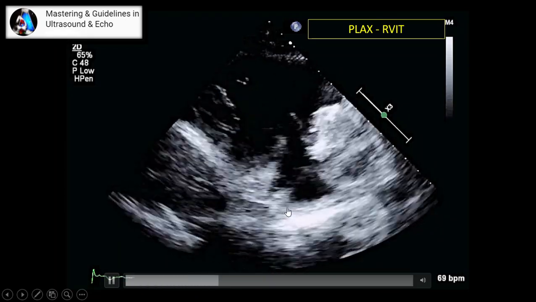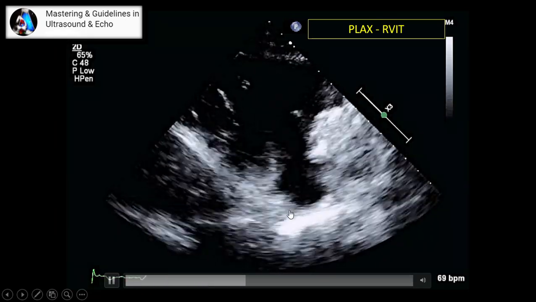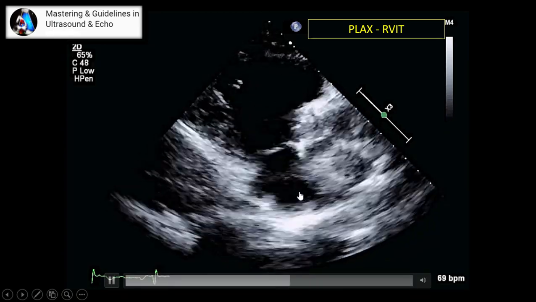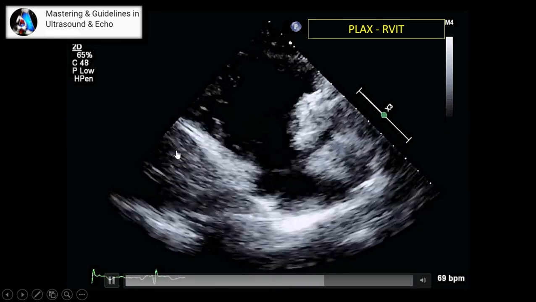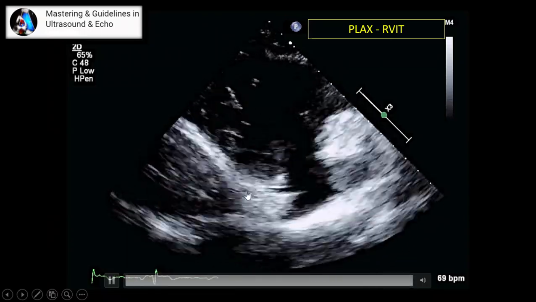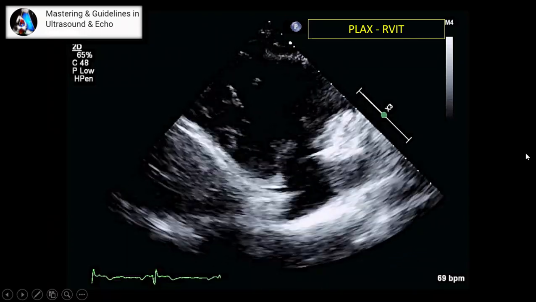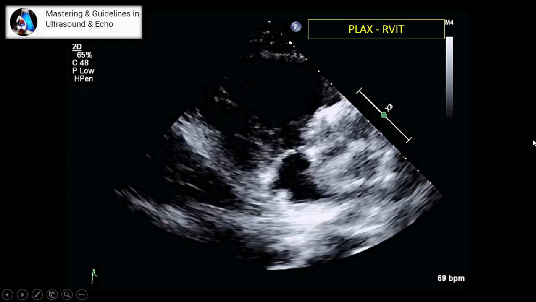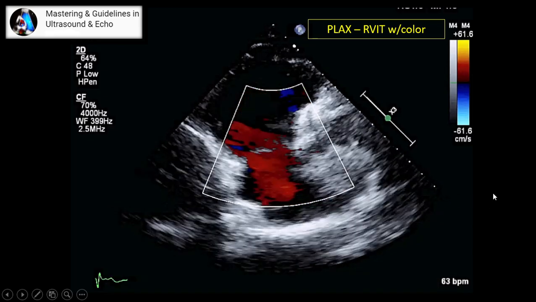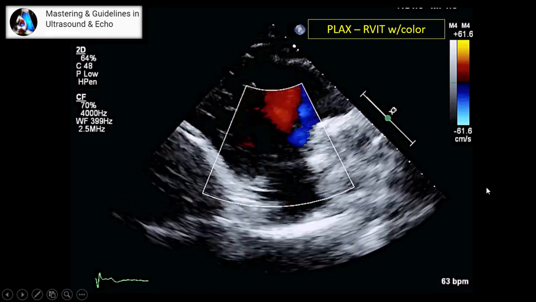Sometimes you see it a little bit more prominent, more obvious, and then the SVC here. And this is the right atrium. Here we have tissue, some part of the liver, and we don't see any part of the left ventricle.